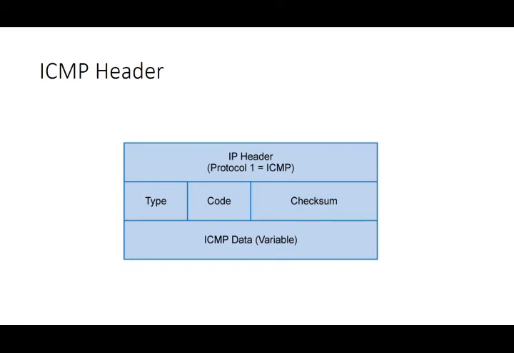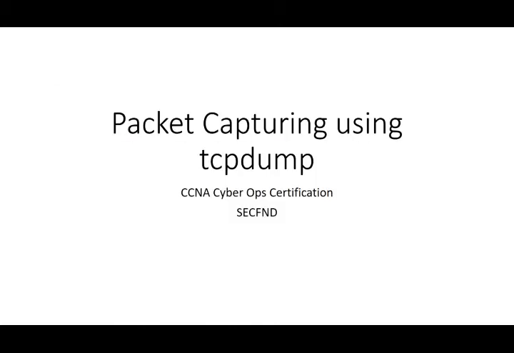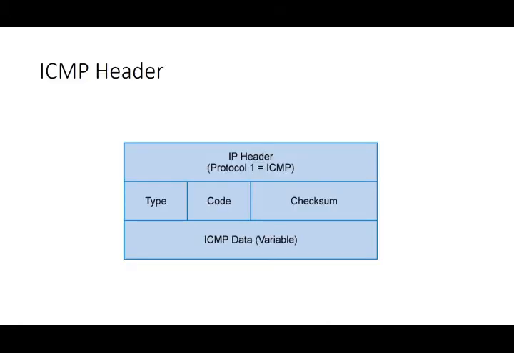A code of 1 would indicate the host is unreachable. A code of 2 would indicate the protocol is unreachable. A 3 would indicate the port is unreachable, and a 4 would be that fragmentation is needed and there is a bit in the header that is toggled that says don't fragment this packet, so we cannot fragment it.